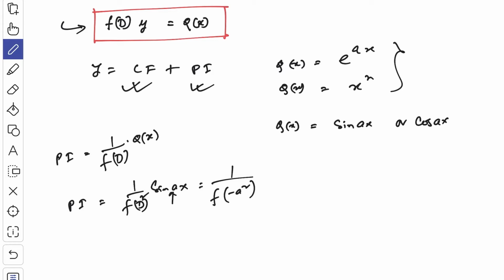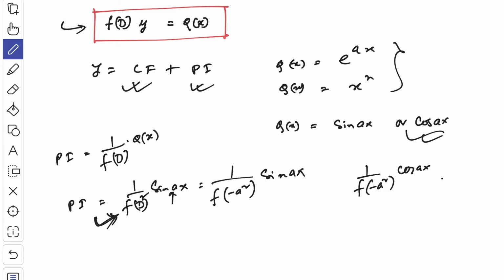Similarly, in case of cos ax, if Q(x) is cos ax, then also PI is given by 1 by f(minus a square) cos ax. You may think why we have taken here f(D square). It will be clear to you when we solve the problem.